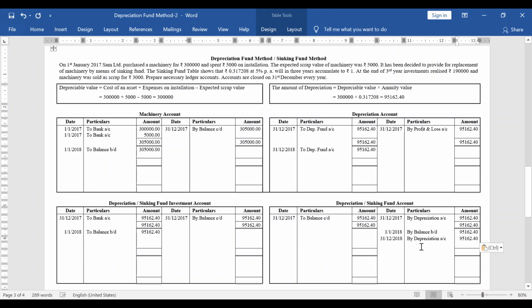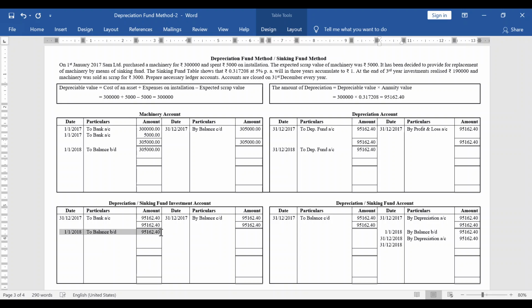The next entry is recorded again on 31st of December 2018, and that is for receipt of interest. That is, interest is received on 31st of December 2018 on the opening balance of investment. In this case, opening balance of investment is 95,162.40.